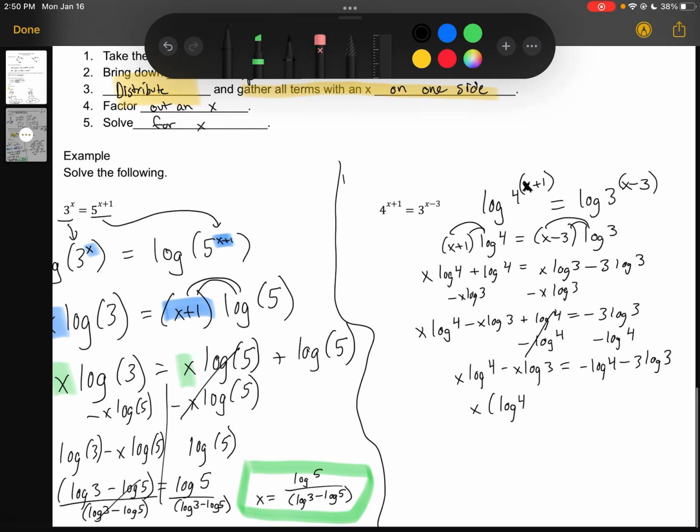And then now from here we can factor out our x. And then from here, anything that's not x we can divide.